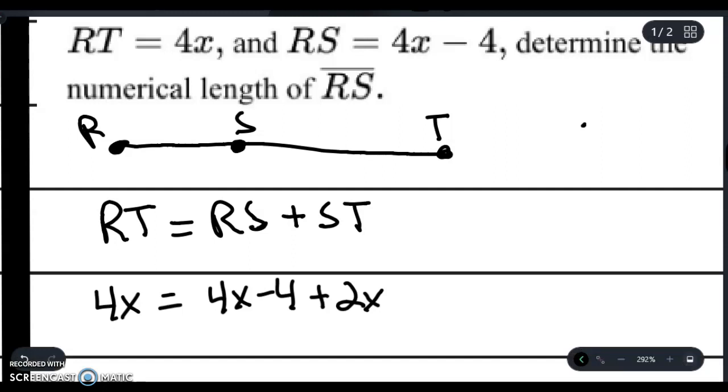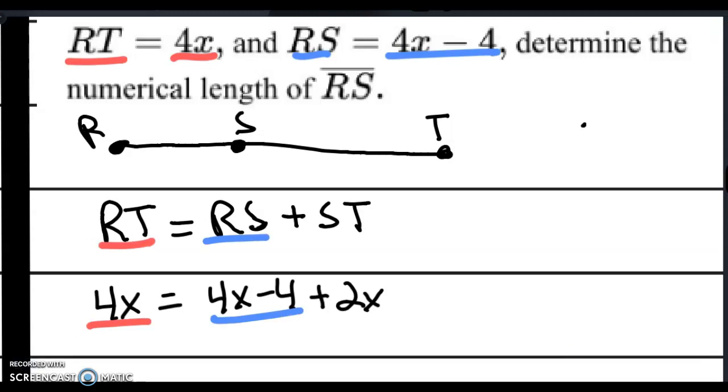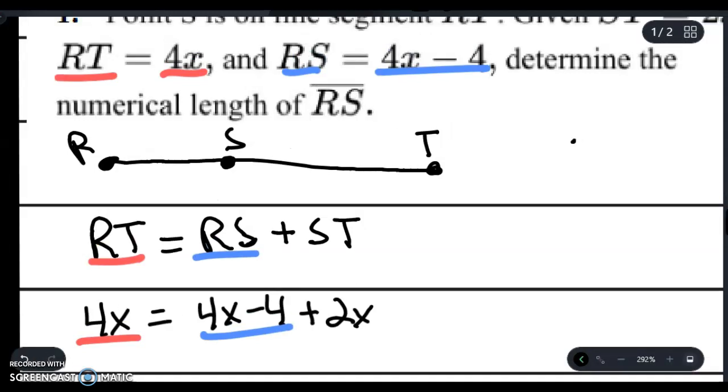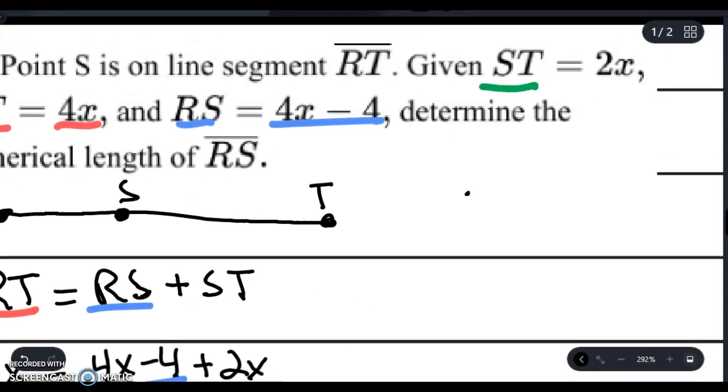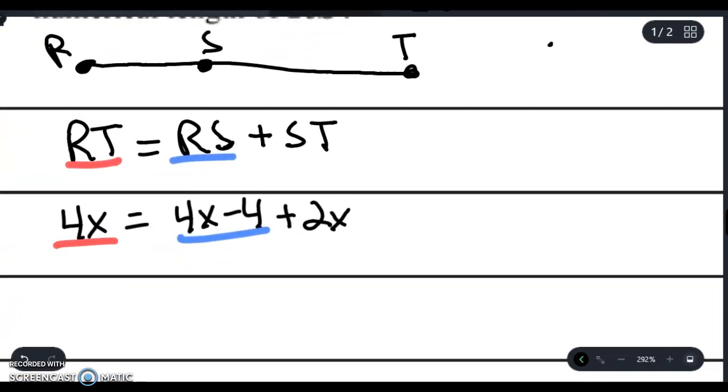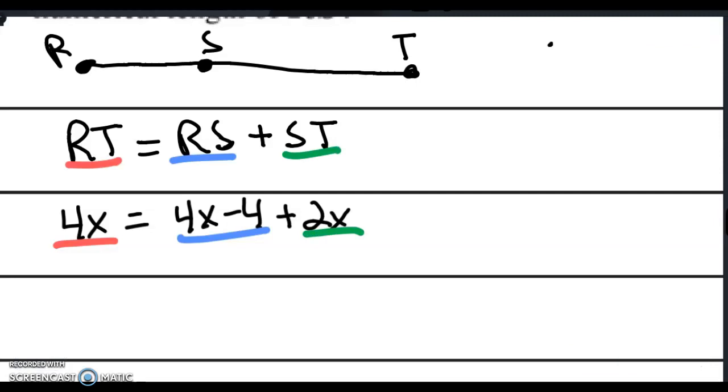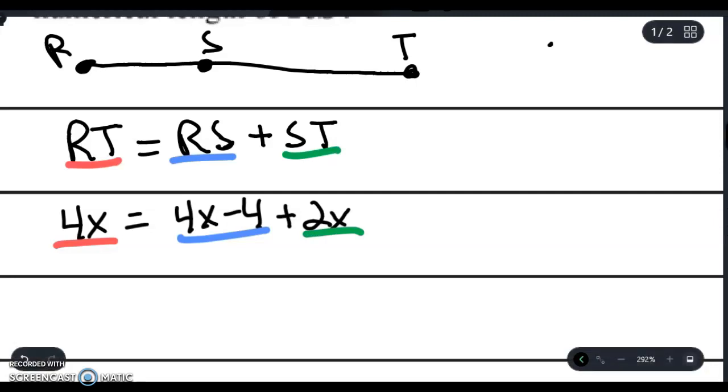Just to clarify, here's RT, 4x. Here's RS, 4x minus 4. And ST is 2x. So we're just plugging those in.